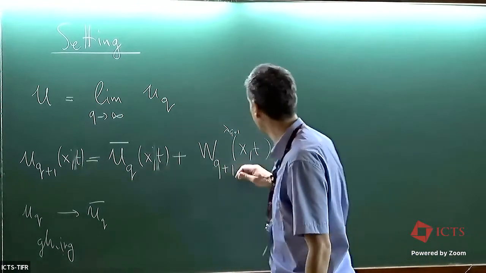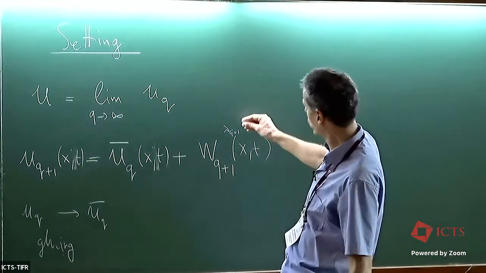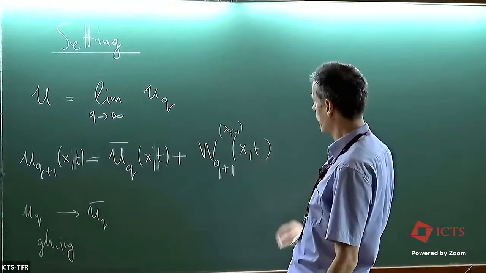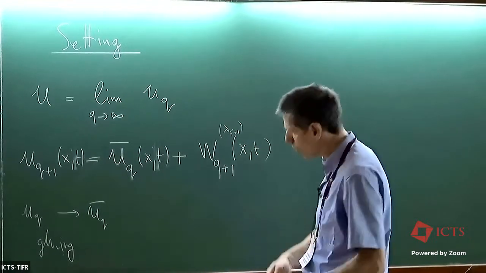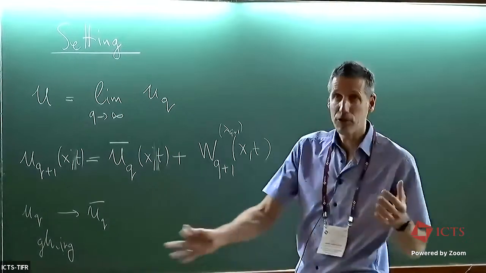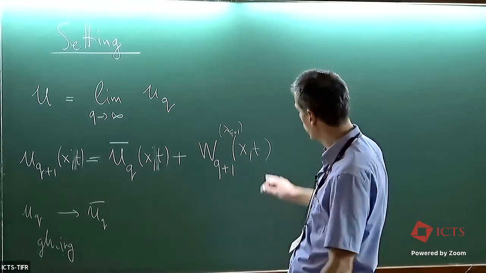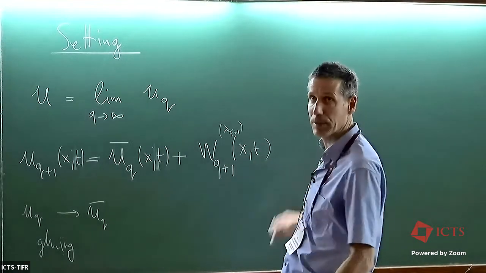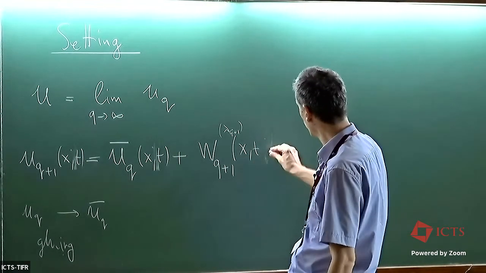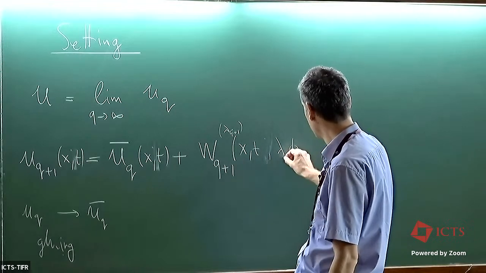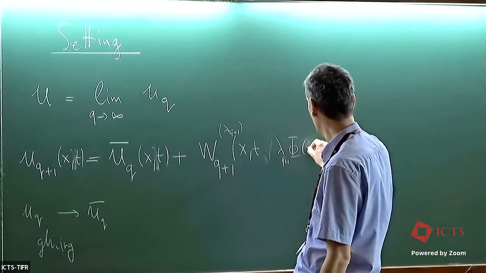And then we add this high frequency perturbation, which has the form of the Mikado flow, but it's also composed with the Lagrangian map. So I'm not writing xt lambda x, but because it would be closer to writing like xt lambda q plus 1 of phi of xt.